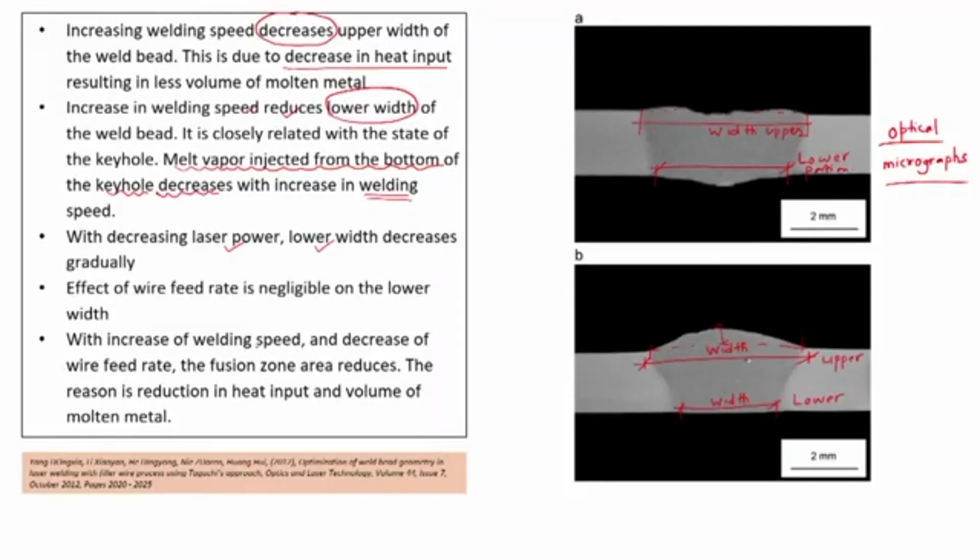With increasing welding speed and decrease of feed rate, the fusion area reduces. When the speed is increased, the fusion zone area is reduced, and this reduction is attributed to the lower heat input and the lower volume of molten metal which is getting generated.